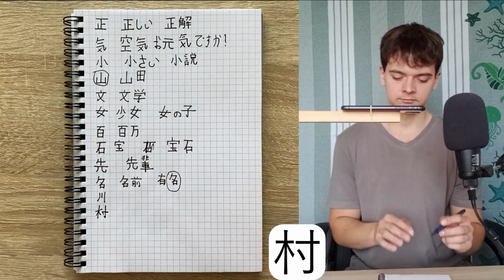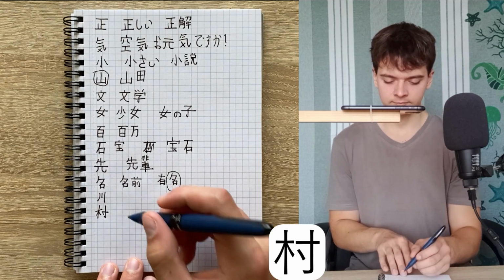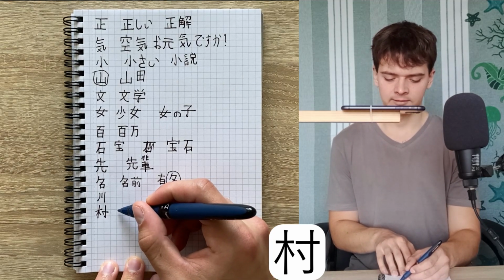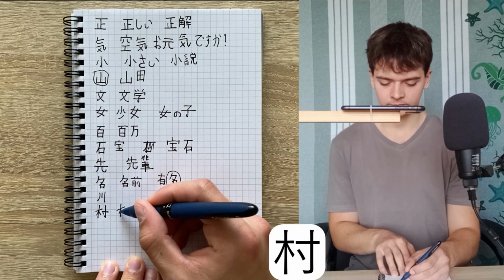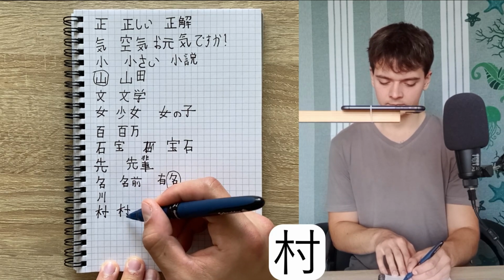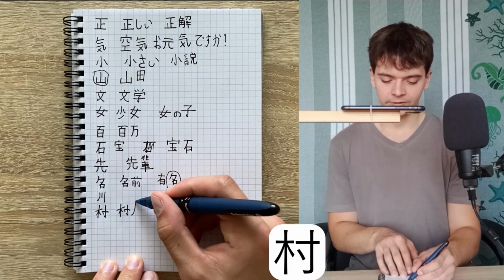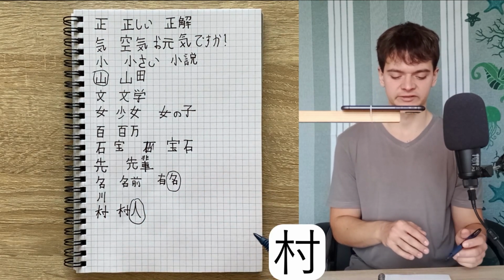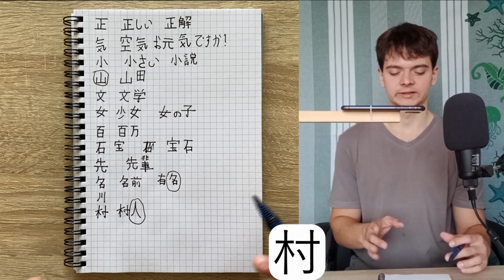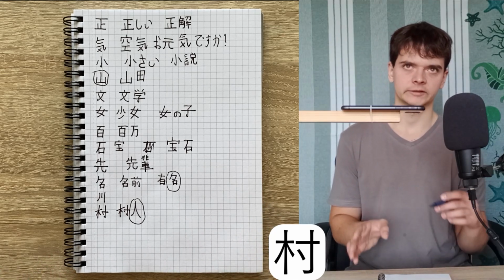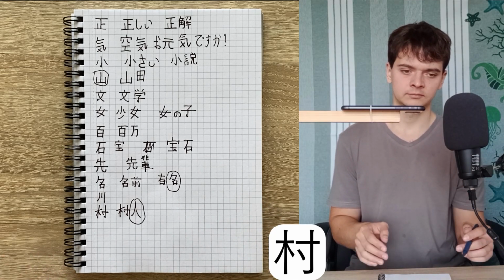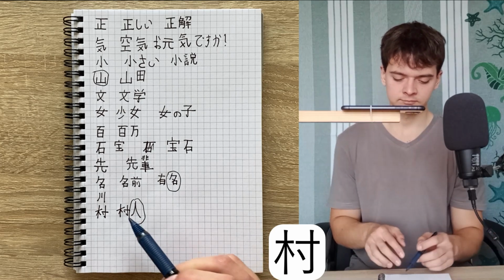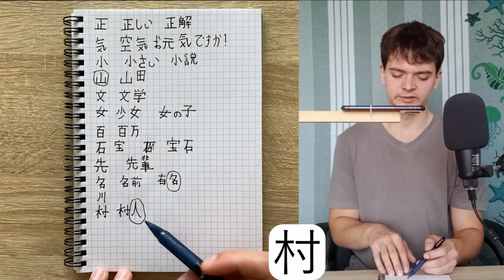Mura means village. You can say murabito. You can see that we're using the kanji hito, which means person, but since it's with another kanji, the hi changed to bi. And murabito, village person, villager.